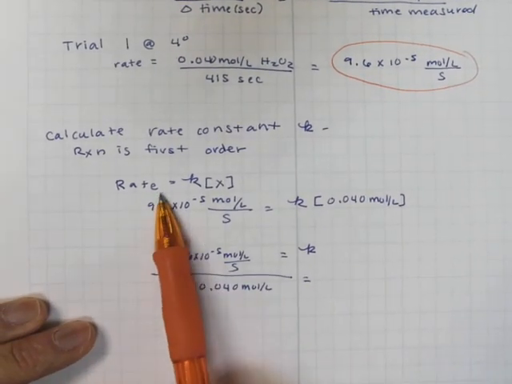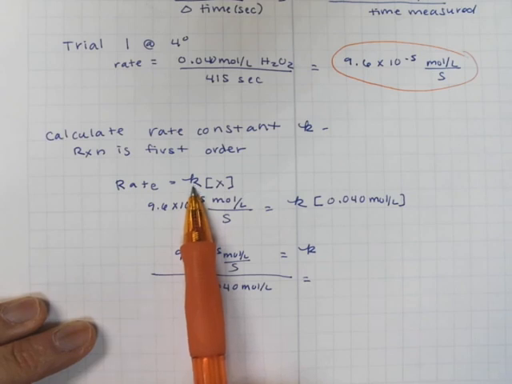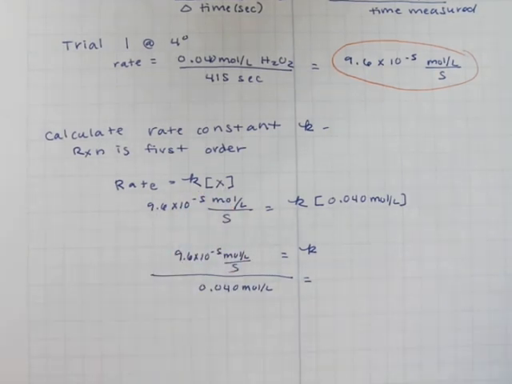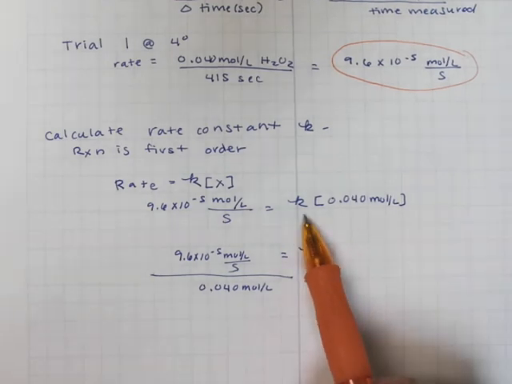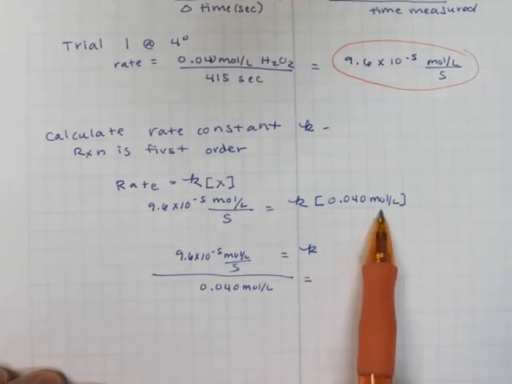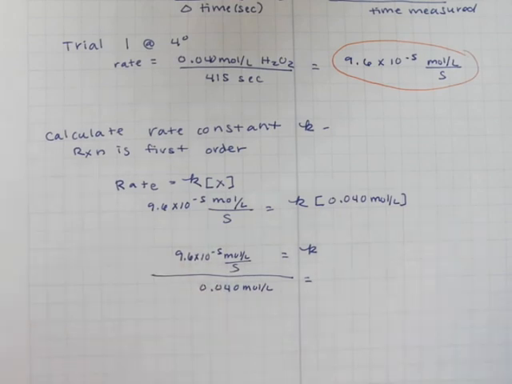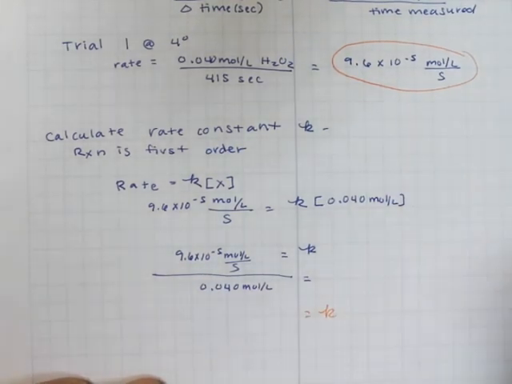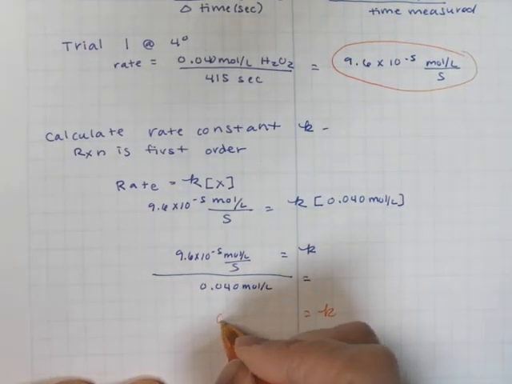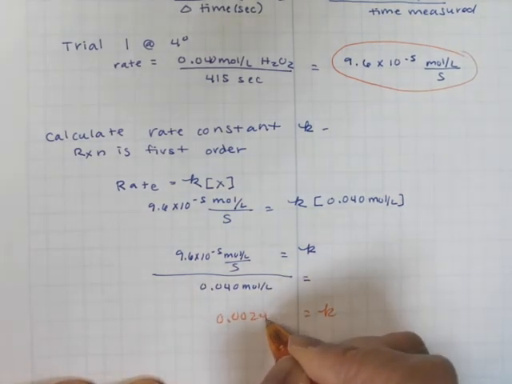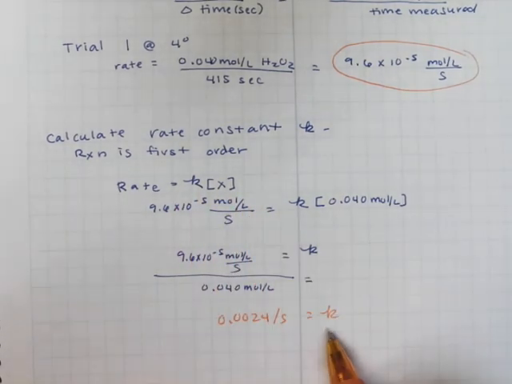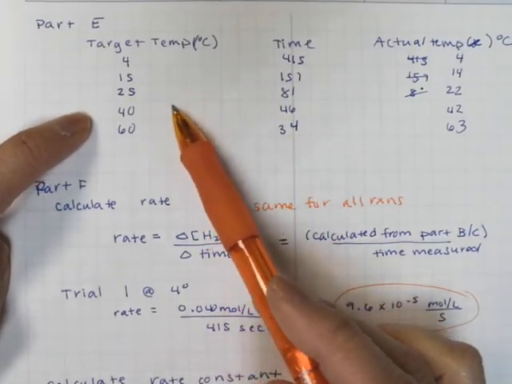So 9.6 times 10 to the negative fifth moles per liter per second equals K times this. So we're going to divide both sides by that, and then K equals 0.0024 per second.